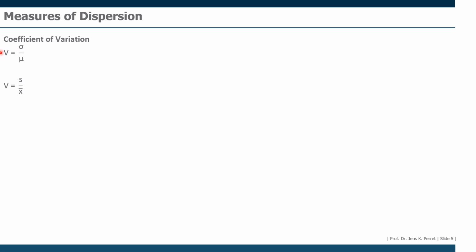Because if the variation, the dispersion, is larger with weight than it is with height, meaning if the coefficient of variation is larger for weight than it is for height, then we know, independent of the units, that weight fluctuates much more strongly than height does. This wouldn't be possible with either of the other statistics we earlier discussed. So that's actually a pretty neat thing if you want to compare fluctuation of data across variables, across data sets.